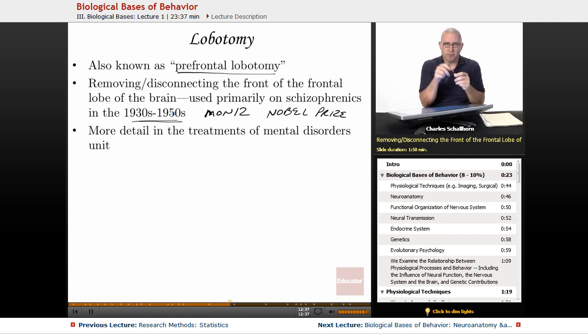And then they would take the scalpel and go swish, swish, swish, swish. And when they did that, while the patient was awake, if they hadn't passed out, they were attempting to reduce the symptoms of the schizophrenics. Sadly, it's one of the less pleasant parts of the history of medicine and the history of psychology.